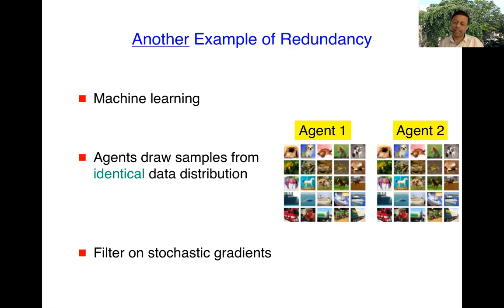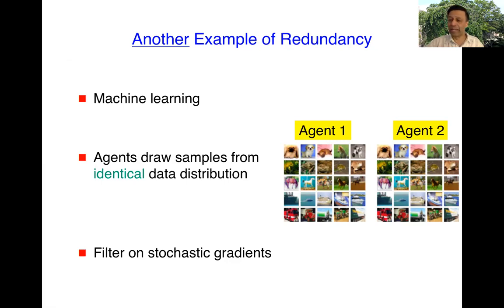All the agents are identical in their expected behavior. Their expected cost function is identical, and the expected gradient is identical for all of them. But if you compute the gradient at any one iteration, and I'm skipping details here, in stochastic optimization or stochastic learning, these gradients are not exact gradients of the cost function, but estimates that may have errors.